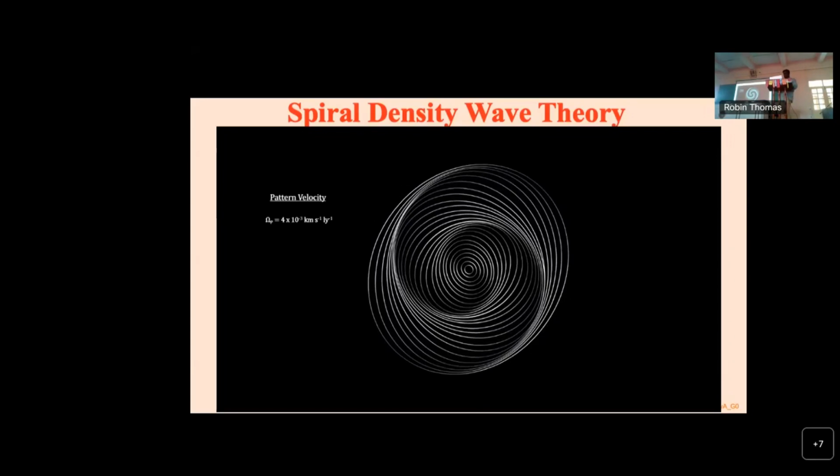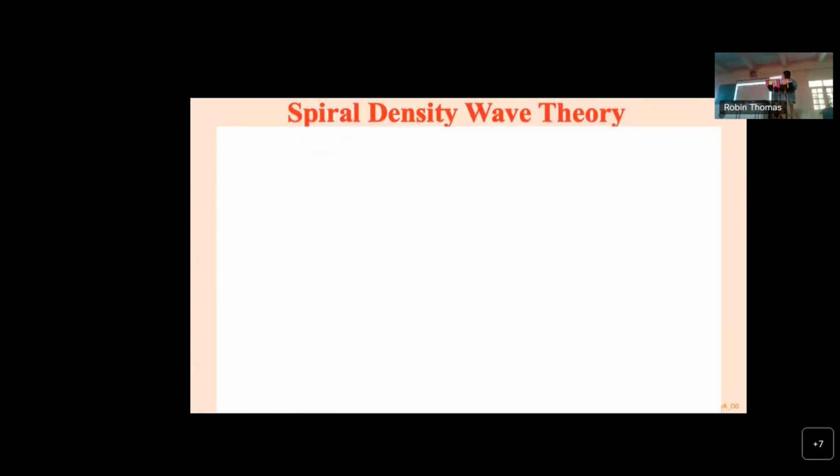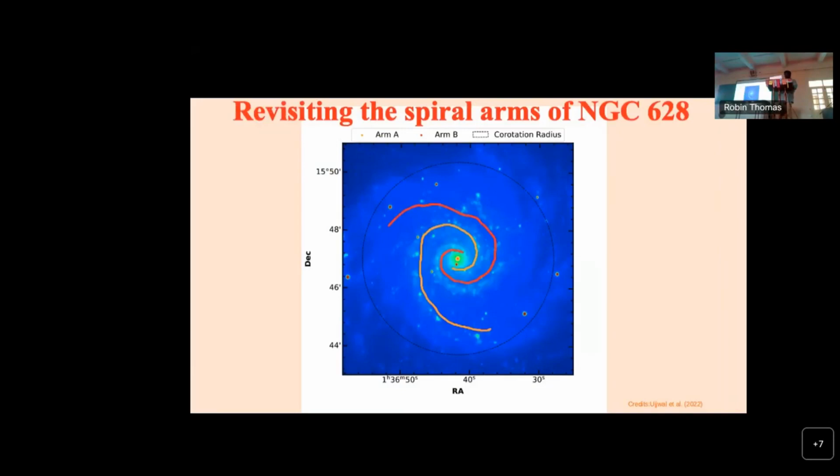That was the idea. So, according to that theory, if the spiral structure or pattern is a stationary density wave, which constitutes the spiral structure, the matter will be moving along the galaxy, right?